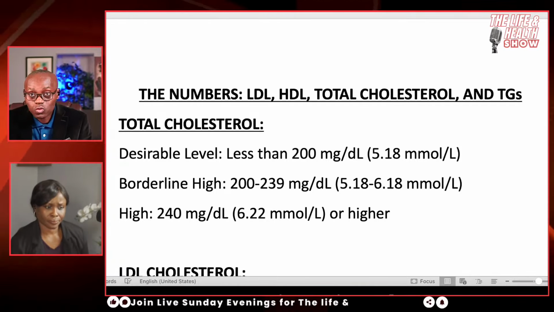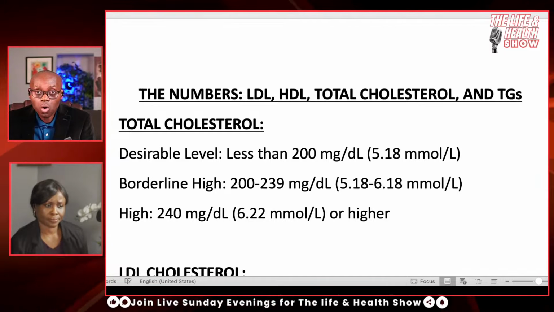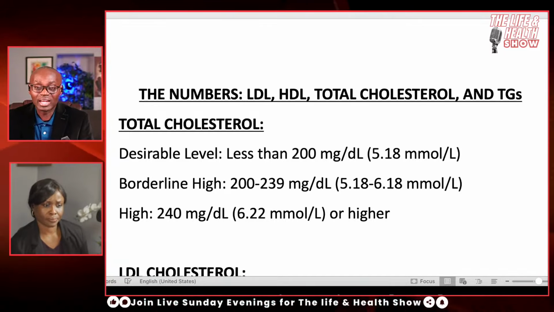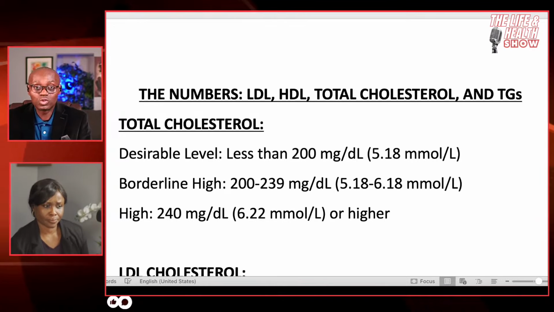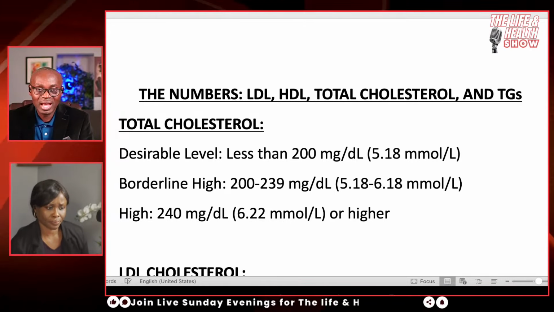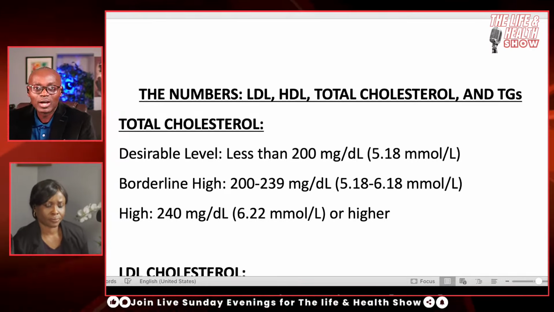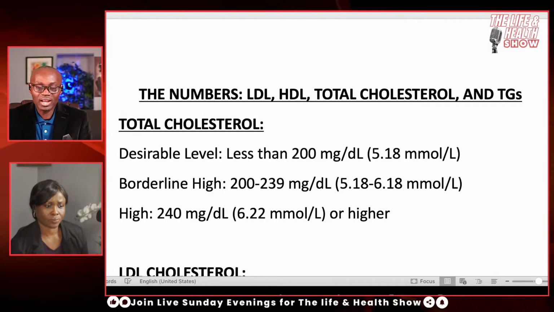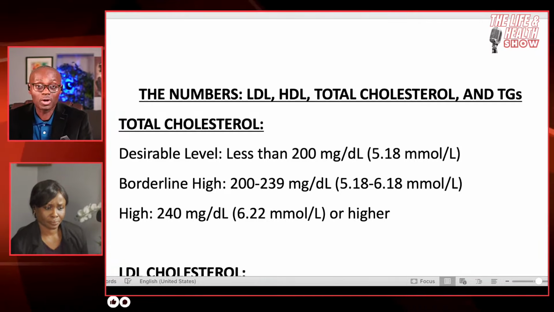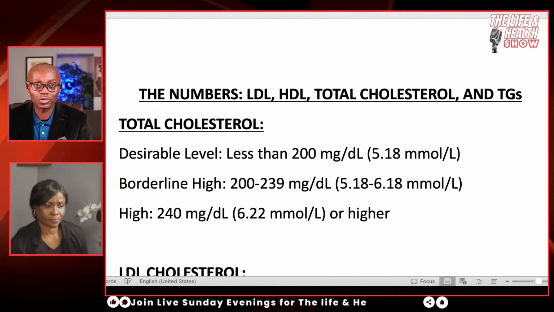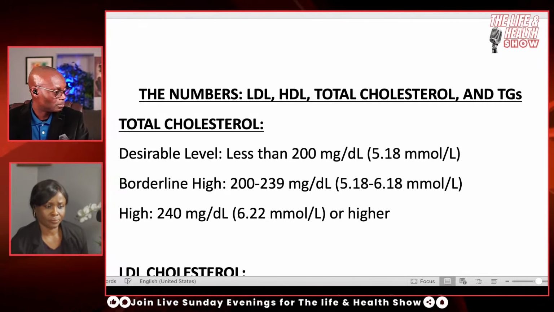Less than 200 is desirable, and borderline high is between 200 and 239. And then high is when it is 240 or more. Then your total cholesterol is very high.